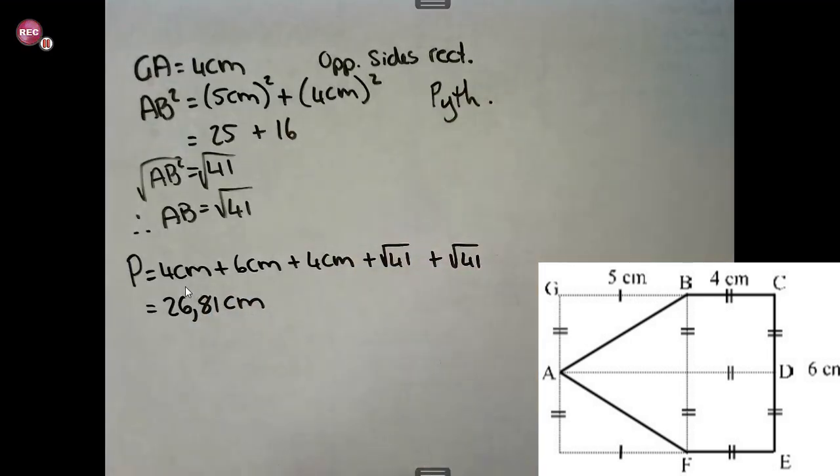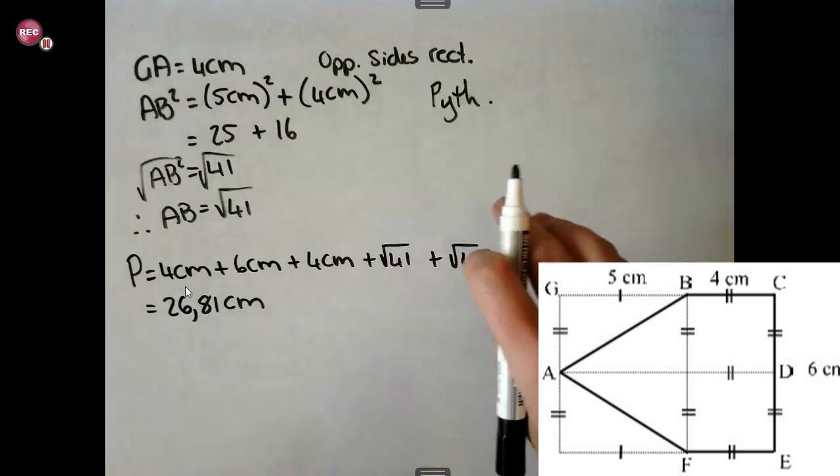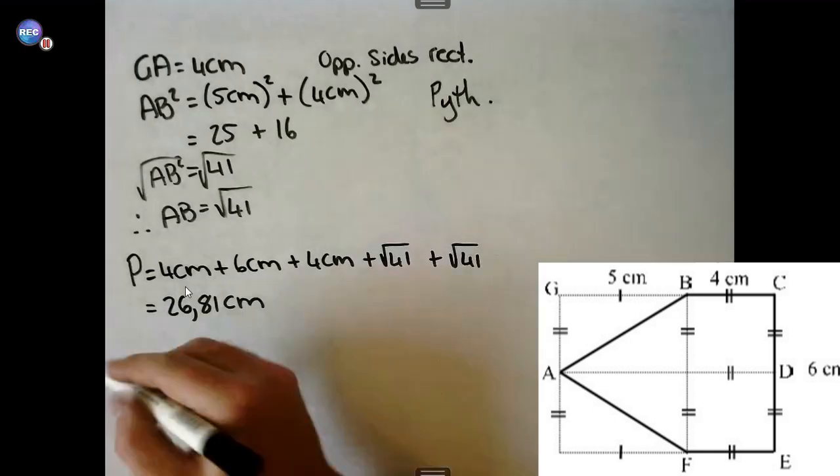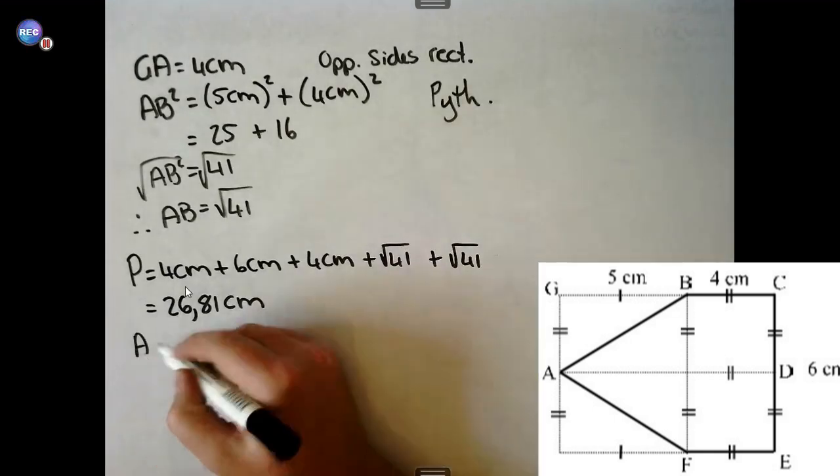Now, the area of the shape you need to be very careful with, because obviously you have 2 shapes that you're working with. Number 1, triangle. Number 2, rectangle. So you do 2 areas and add them together. The area is going to be as follows.